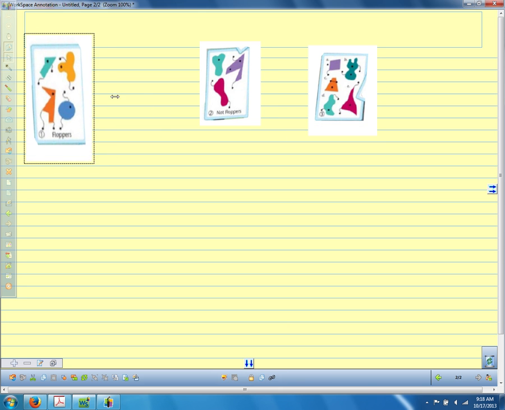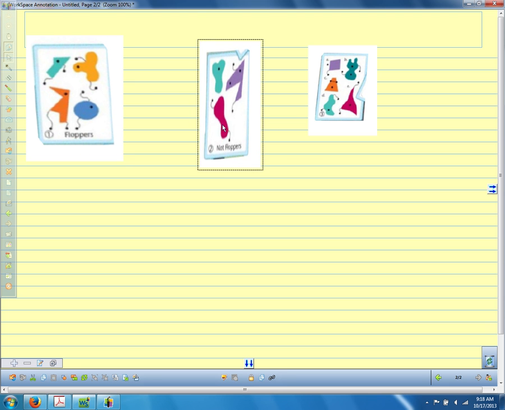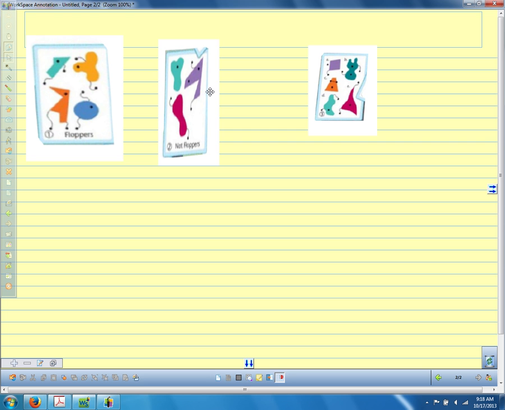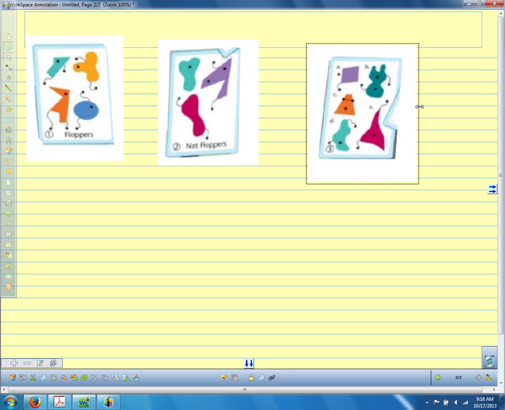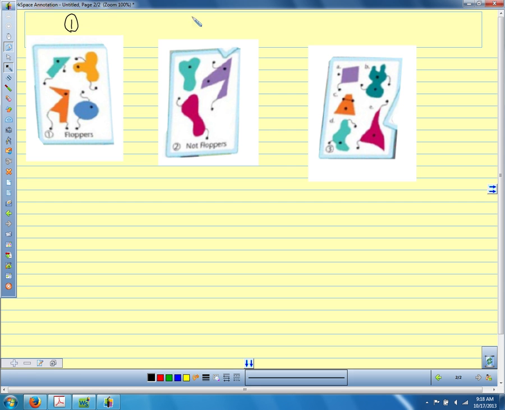It gets a little blurry when I blow them up, but I think we can handle it. So this is card number 1, card number 2, and card number 3. Card number 1 says these things are floppers. Card number 2 says these things are not floppers. And card number 3 asks us about several different ones.